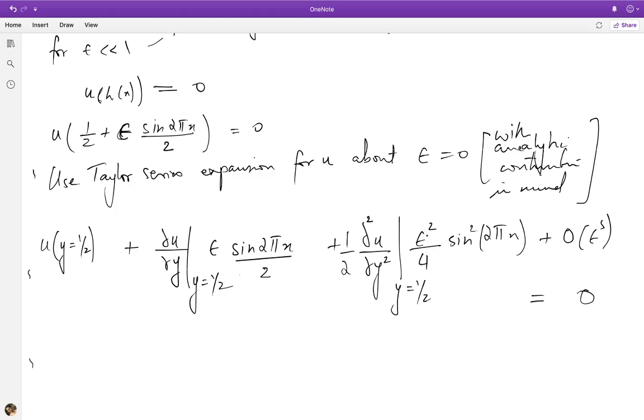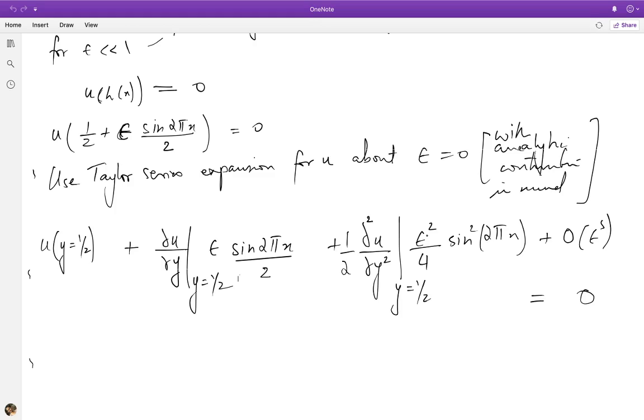So now you see automatically that instead of solving the problem on the wavy-wall domain by using the domain perturbation type approach, we replace that problem by another approximate problem that is valid on the domain between flat walls, where the boundary conditions are applied at y equal to half, but it's a different boundary condition from the original one. It's now a power series in epsilon.